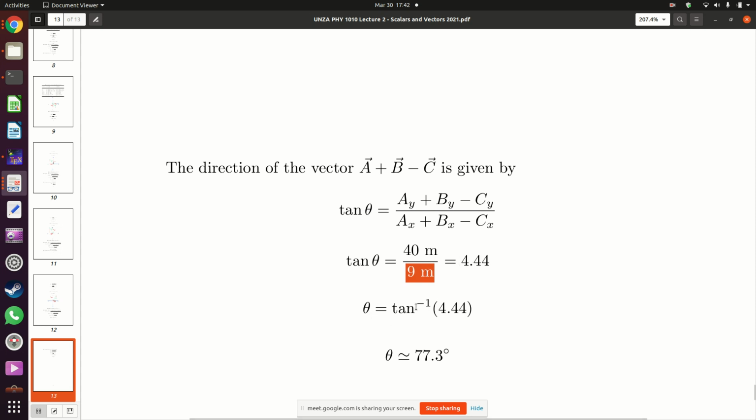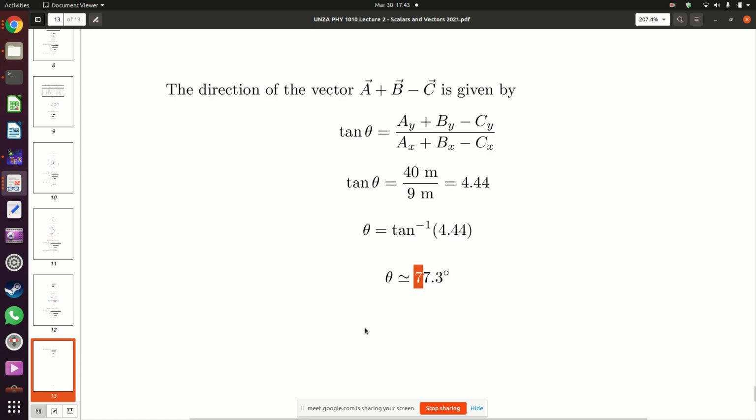Then theta is the tan inverse of 4.44, and that gives you an angle theta which is equal to 77.3 degrees. If you had used phi, you would get 77.3 degrees, then you would add 0 plus phi to give you theta. So theta would be equal to 0 degrees plus phi, which gives you 77.3 degrees. Are we clear?